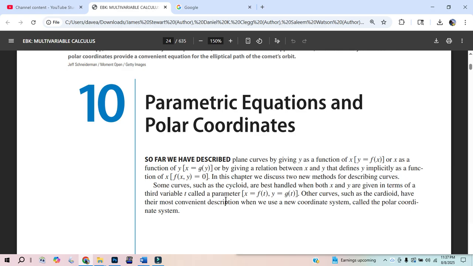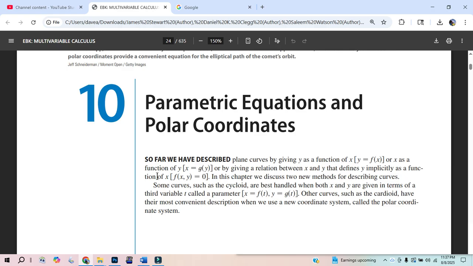And t is called a parameter, where you have x is a function of the parameter t, and you also have y as a different function of that parameter. Other curves, such as the cardioid, have their most convenient descriptions when we use a new coordinate system called a polar coordinate system.